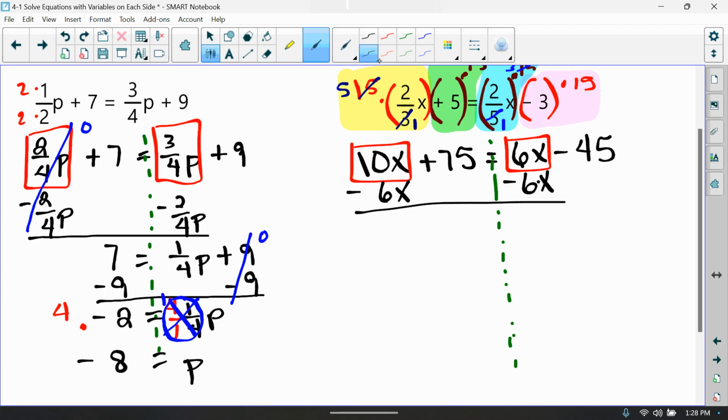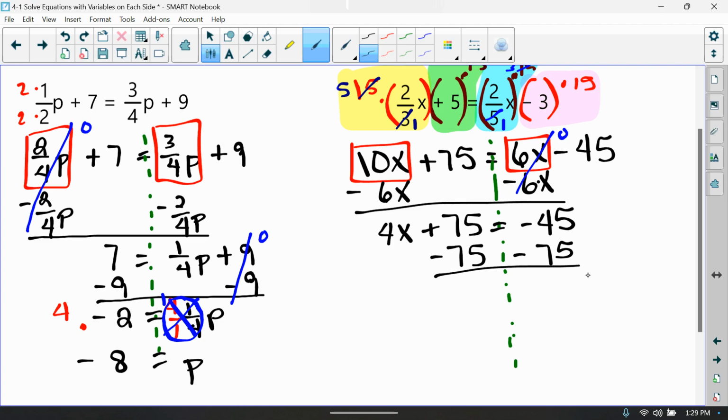So, let's see, we've got 10x minus 6x is 4x plus 75 equals, and then on this side, that's a number plus its opposite, that's equal to 0. And what am I left with on that side? Good. Negative 45. So now it's just a two-step equation, right? I'm going to cover up my 4x, what I want to get rid of. And how do I do that? Very good. So minus 75 here and minus 75 there.